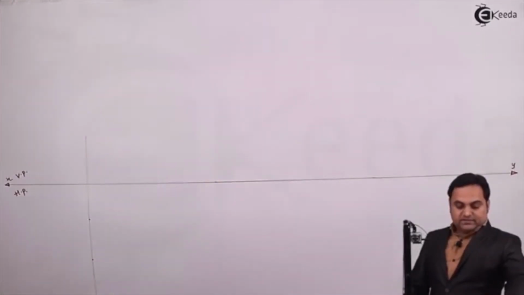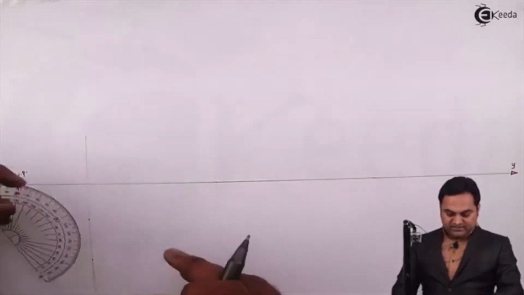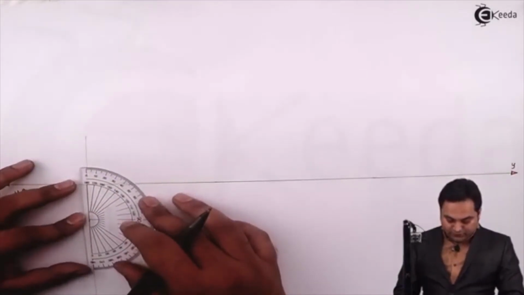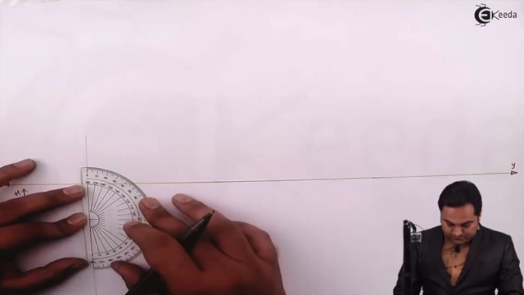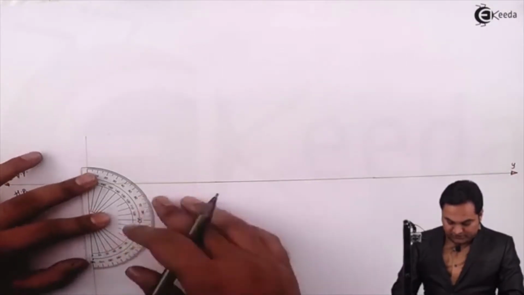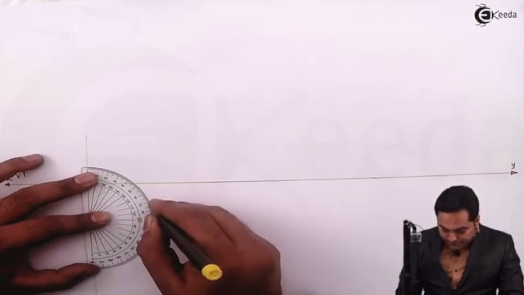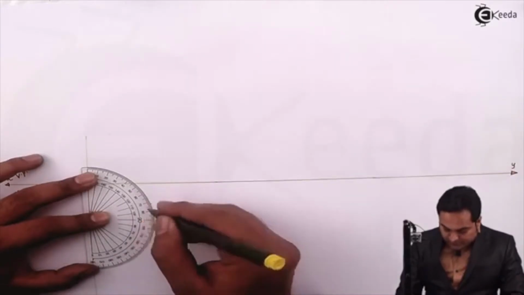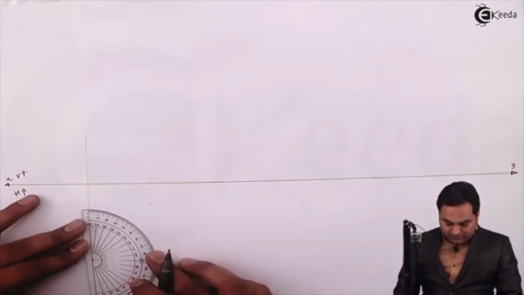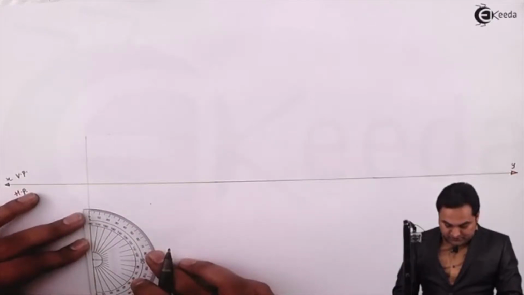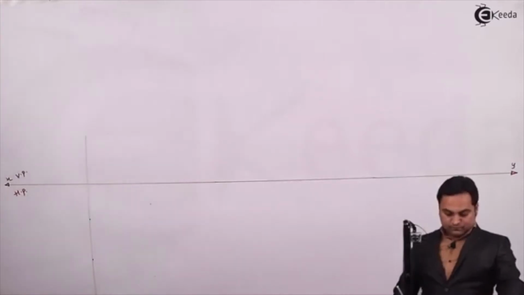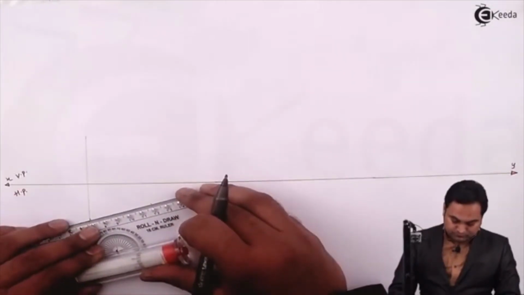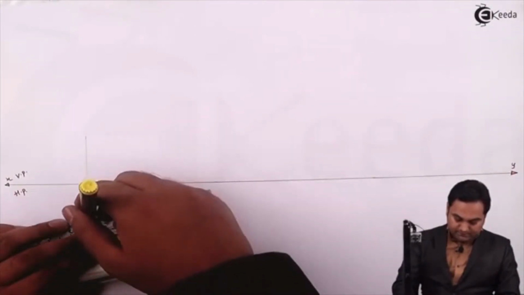Next, since for the pentagon the base edges are inclined at 72 degree, so measuring 72 degree from one side, similarly from the other point as well of the base edge. Drawing a light line.